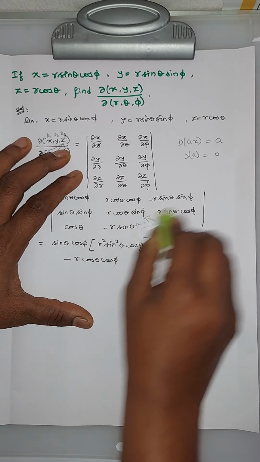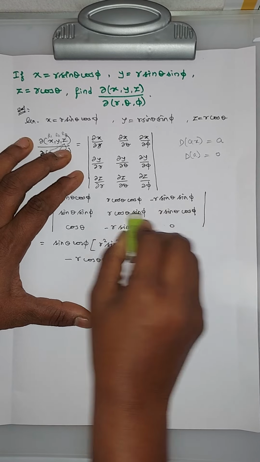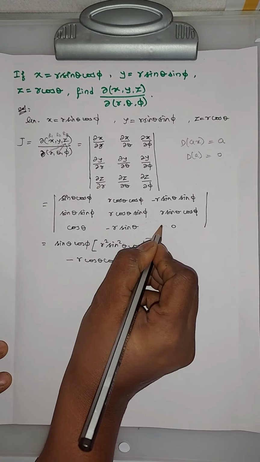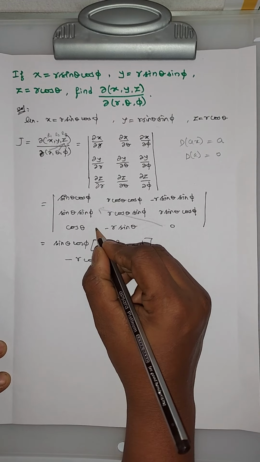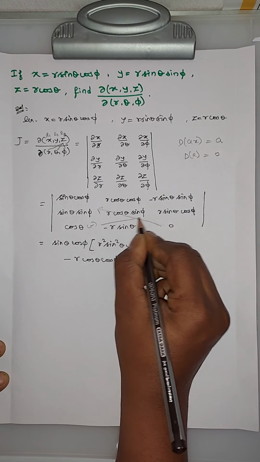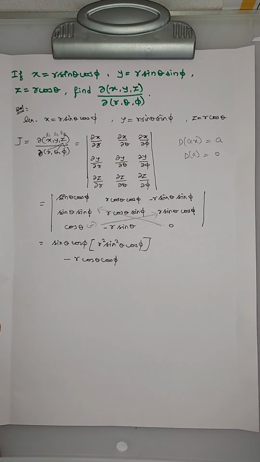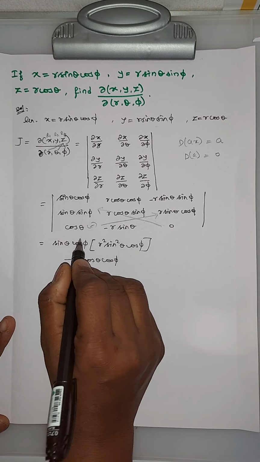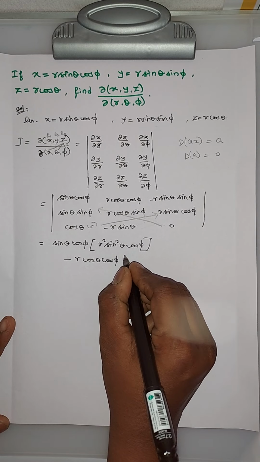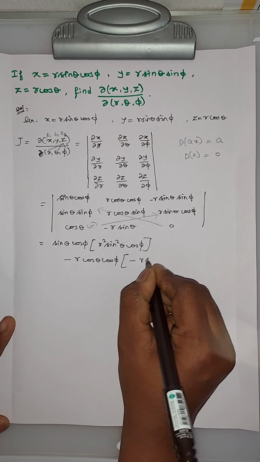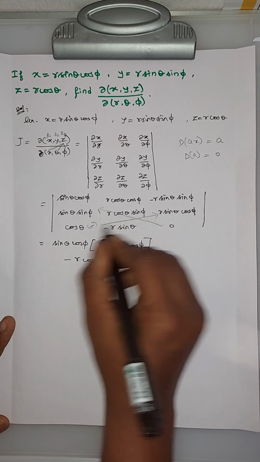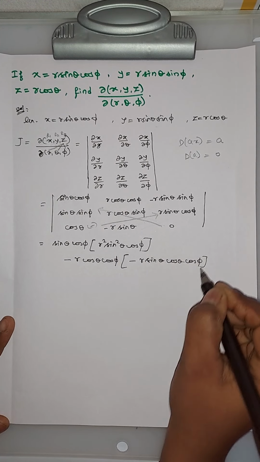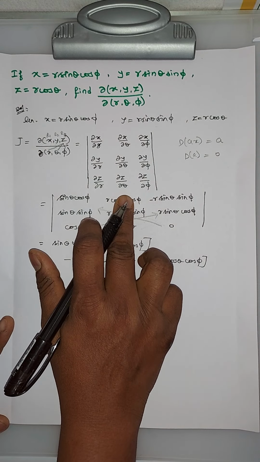So it is nothing but cross multiplication of this into this, cross multiplication of this into this, and minus of this into this element. So it becomes, here it is 0 minus of, so inside it is minus r sine theta cos phi. So the second element is also over.